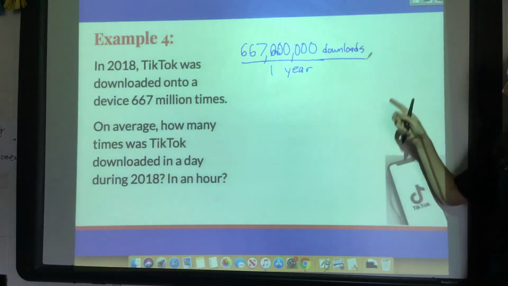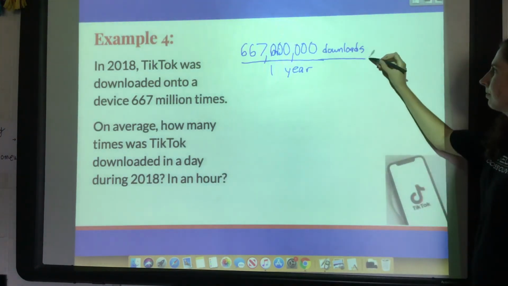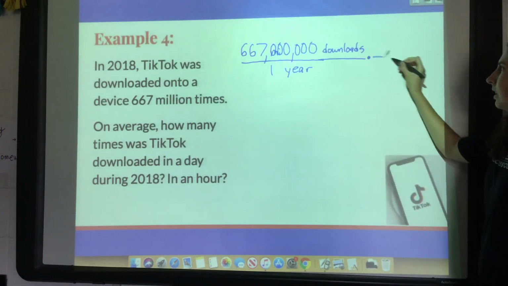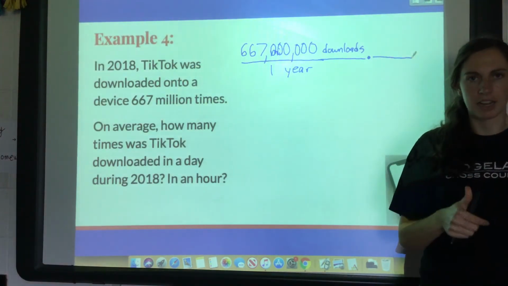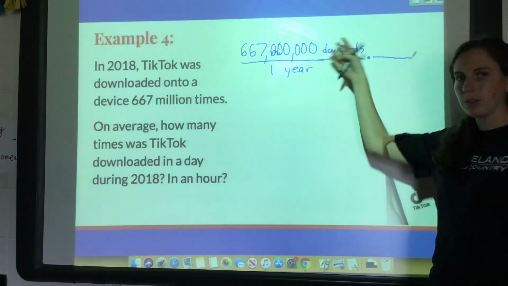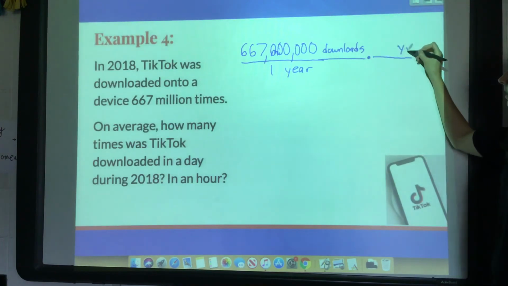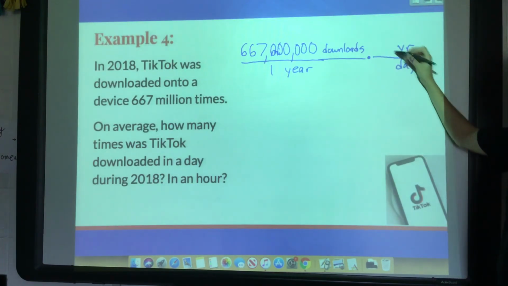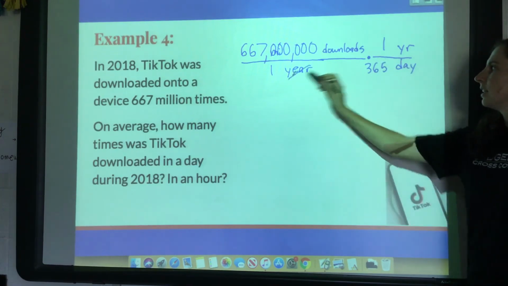If I want to turn years into days, some of you may have figured out just divide by 365, and that's fine. If you want to do it whatever short ways you have, that's totally fine. But if you want to use dimensional analysis, we would convert year to day, and I know 1 year is 365 days.